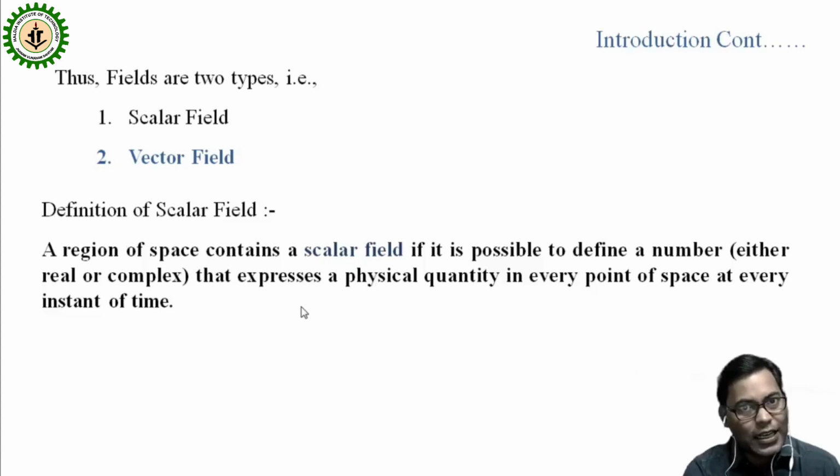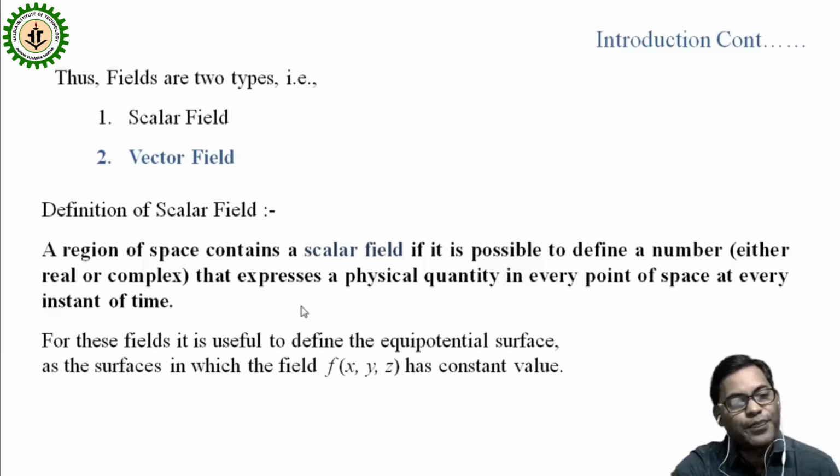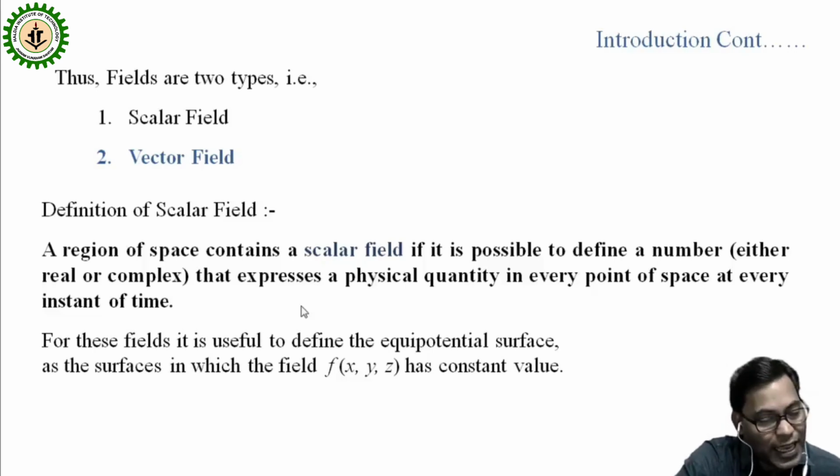Here in the scalar, from the example we can say the physical quantity is the temperature in every point of space at every instant of time. So this is the definition of the scalar field. For these scalar fields, it is very important to define the equipotential surface, the surface in which the scalar field F has a constant value.